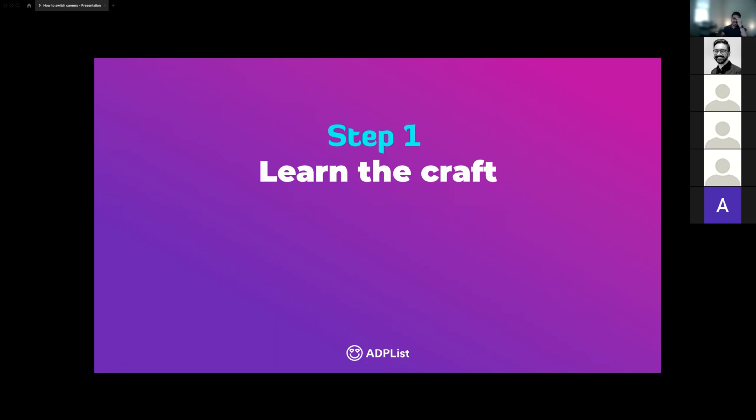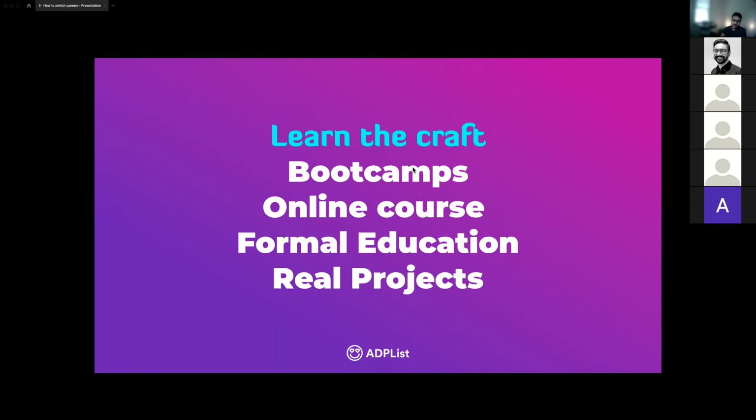So step one is really learning the craft. That could be through an online course, a boot camp, or formal education, and really doing some hands-on projects that give you very relevant skill sets.